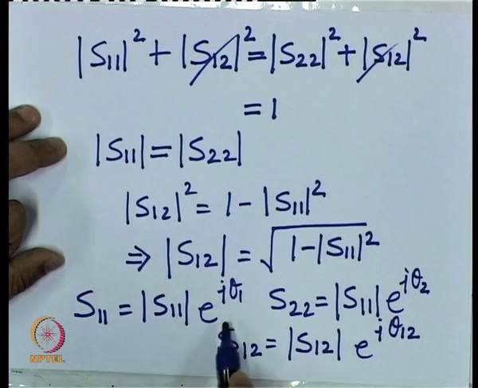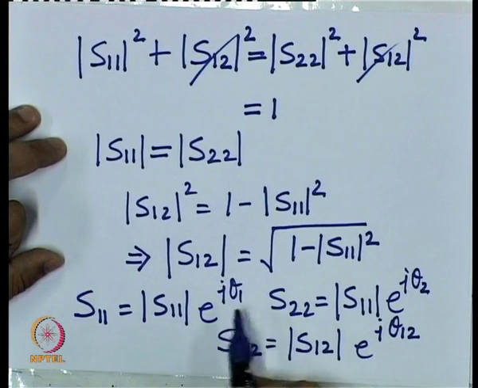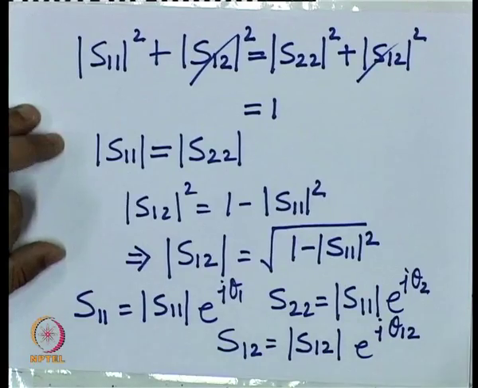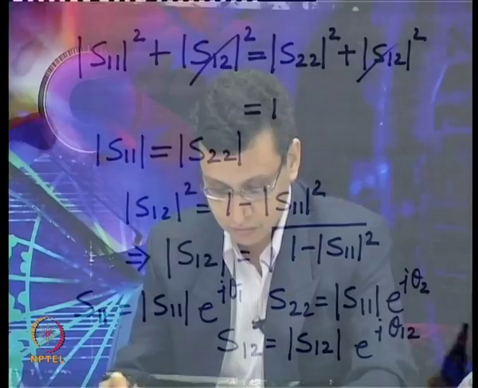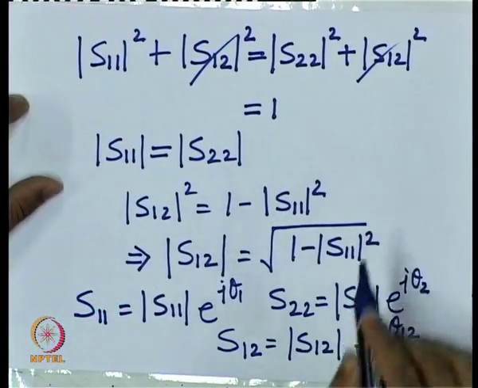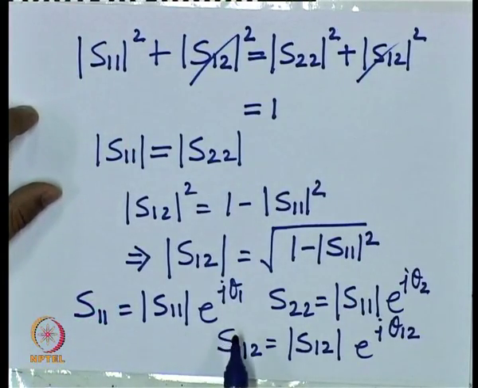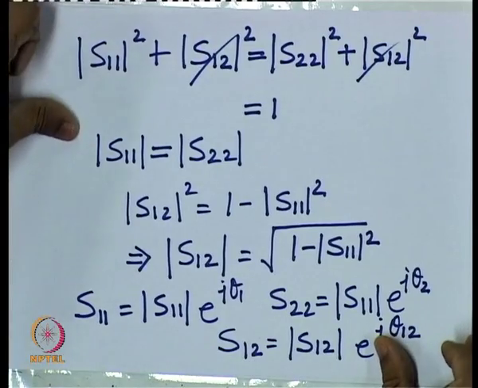So, at this stage we have 4 unknowns: theta 1, theta 2, theta 12 and the magnitude of S11. To completely characterize the two-port network, we still need 4 parameters. Let us see whether we can further reduce the number of parameters.